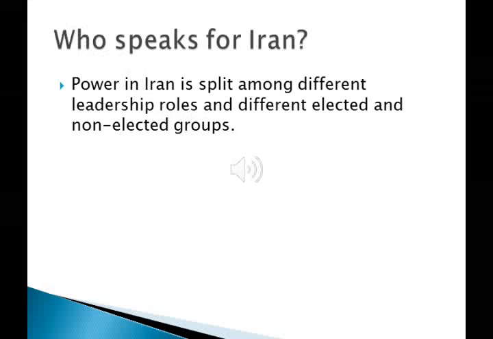So this framework is different from the realist framework, that the state is a unitary actor and speaks with one voice. And as you see in the readings in the book, the example of Iran. Iran doesn't speak with one voice. We have different agencies speaking and deciding on Iran's foreign policy.